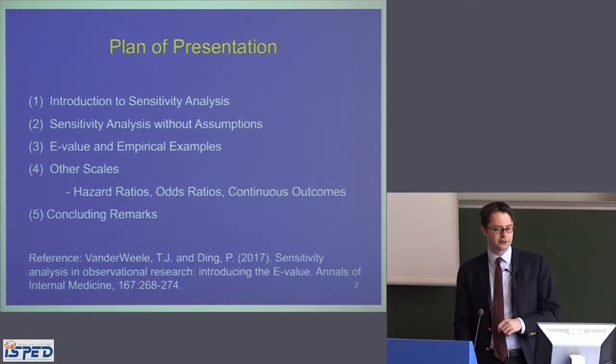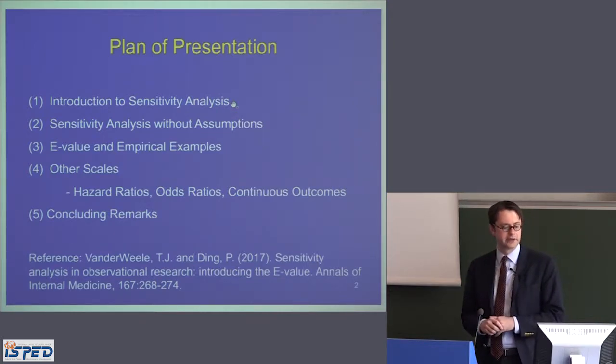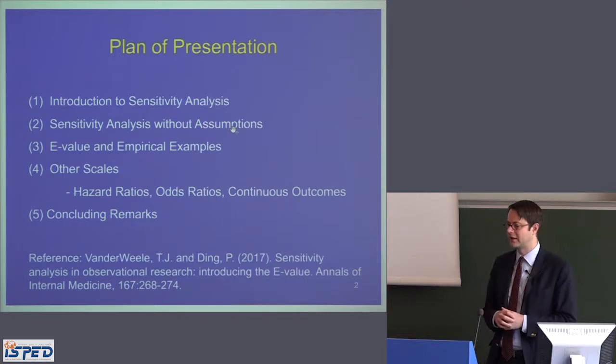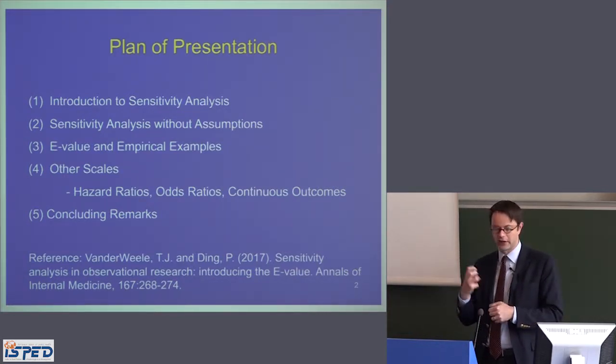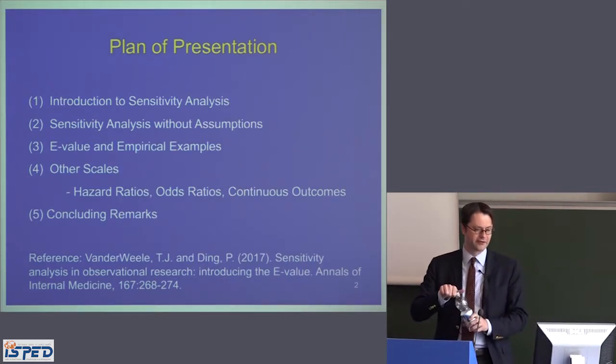So I'll provide a brief introduction to these ideas about sensitivity analysis for unmeasured confounding. I'll talk about a result which allows one to do sensitivity analysis essentially without imposing any assumptions on the nature of the unmeasured confounder, essentially bounds causal effects.